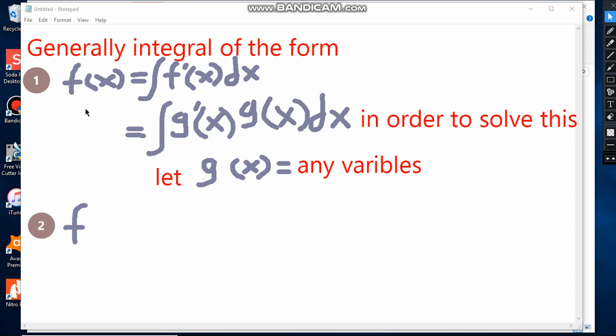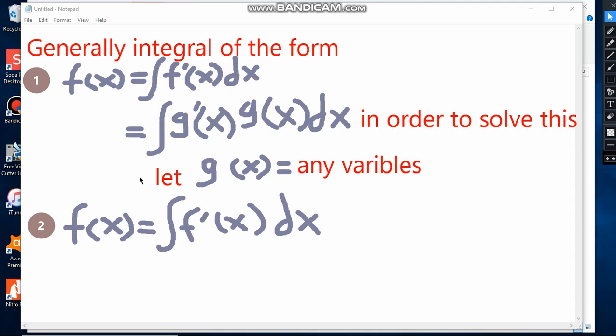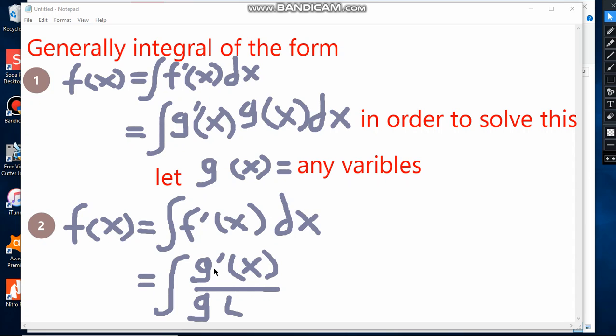As well, f of x may be equal to the integral of f dash of x dx, such that f dash of x is a quotient of two functions, such that one function, g dash of x, is the first derivative of the other function, g of x.